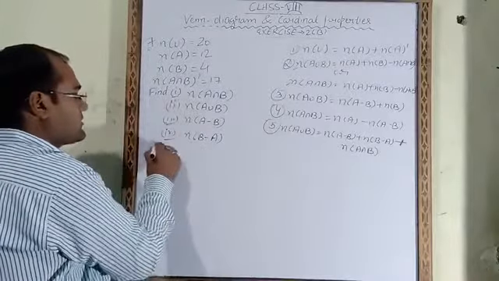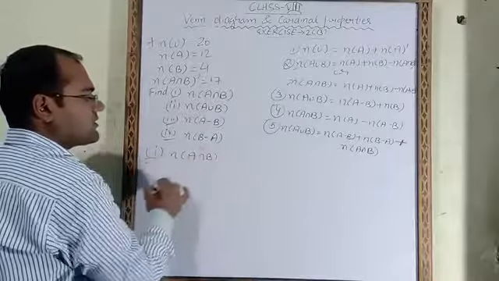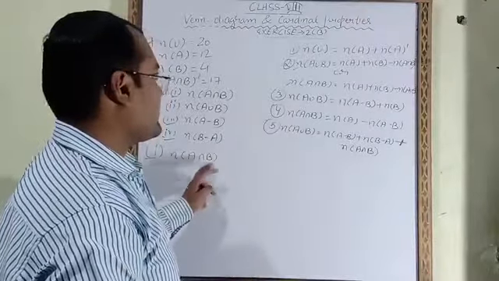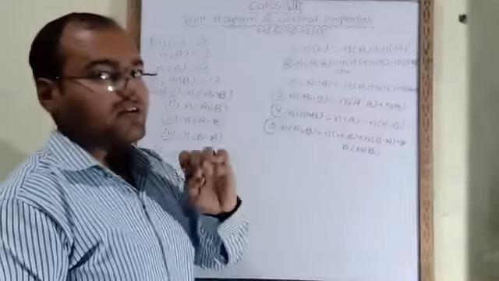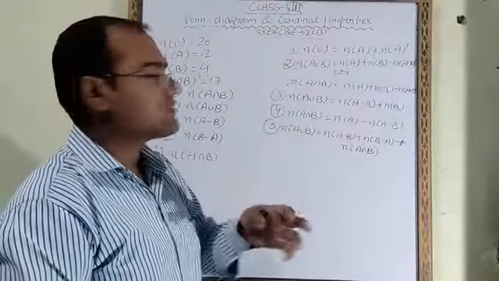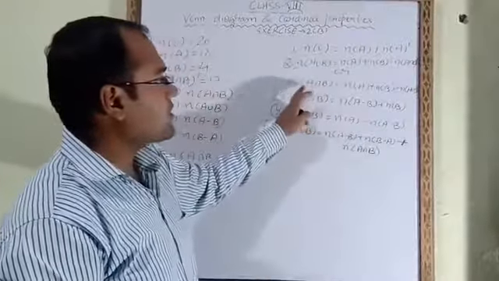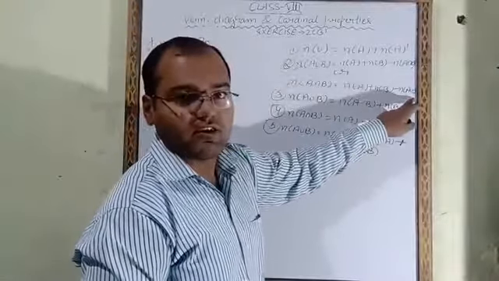So first part is we have to find n(A intersection B). So many formulas are there in which n(A intersection B) is coming, but we can't use all the formulas. n(A intersection B) is coming here in this formula. For this formula we need n(A) value, n(B) value and n(A union B) value.